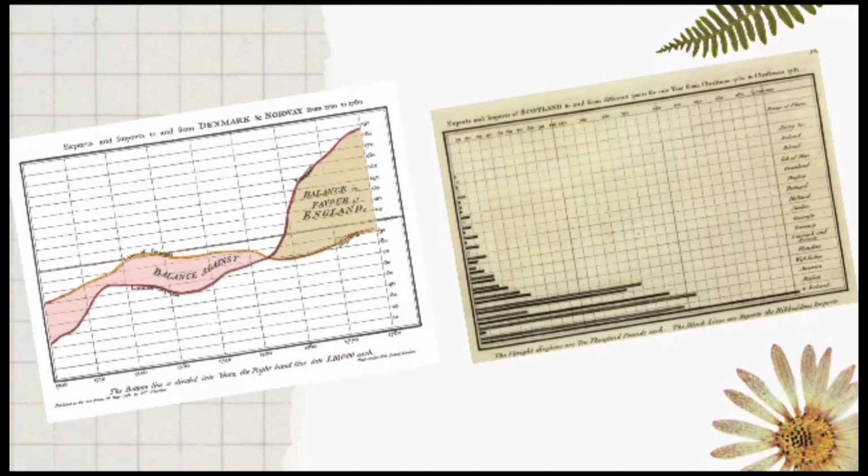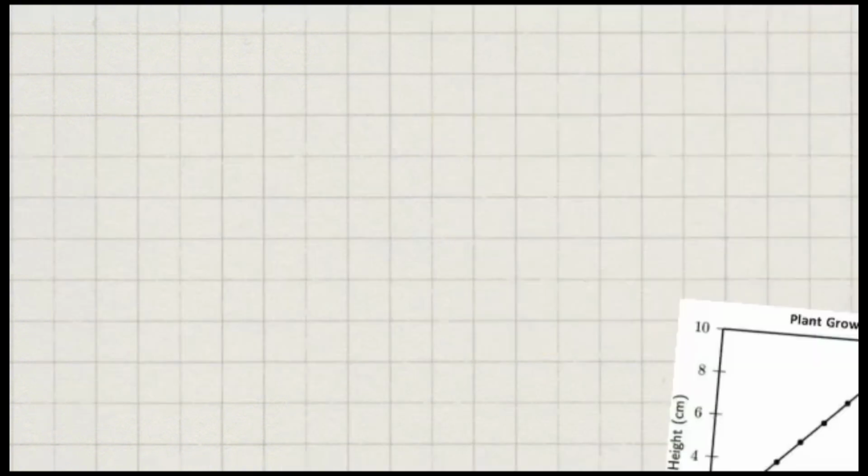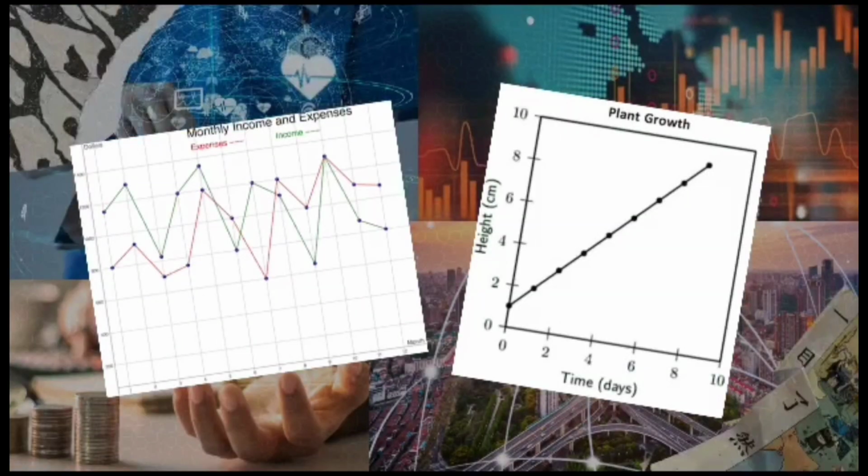Statisticians and researchers use broken line graphs to visualize experimental data, trends, and correlations. With the advent of digital technology and computer graphics, the broken line graph went under a transformation. Today, broken line graphs continue to be extensively used across various disciplines, including finance, healthcare, engineering, and environmental science.